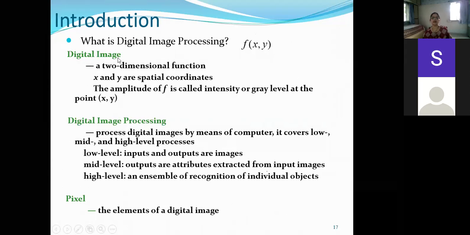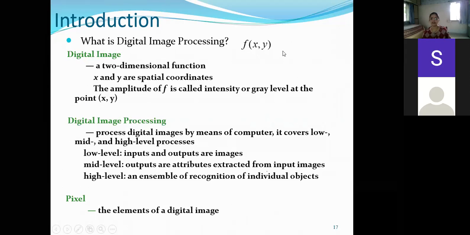So your digital image is a two-dimensional function. x and y are spatial coordinates, and the amplitude of f is called the intensity or gray level at point (x,y). Okay, so is it clear? What do you mean by digital image?